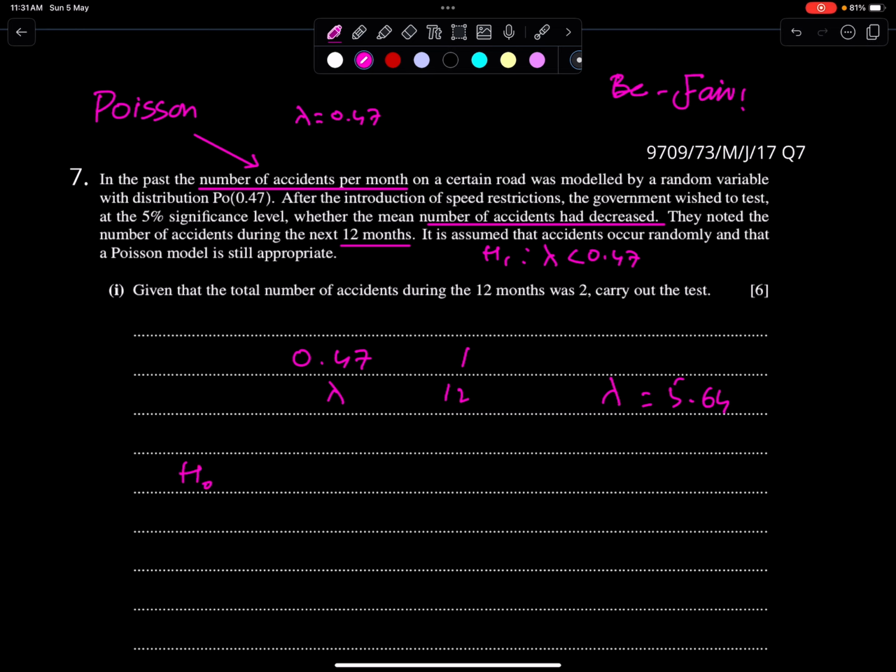So H naught is lambda is 5.64, H1 lambda is less than 5.64. You can write lambda had decreased. Here you can write lambda had not decreased, or you can write lambda is 5.64. You have both the options.